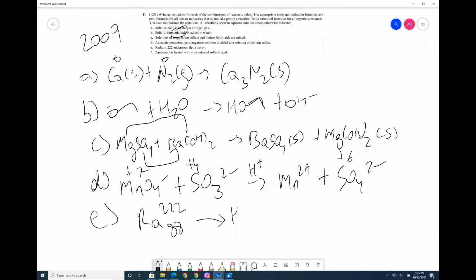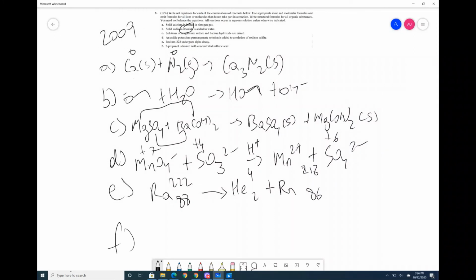It goes alpha decay, will release helium, and that will become 86 and 218, and that will become, what is it? I think it'll become radon, right? Radon? Francium loses 1, yeah.